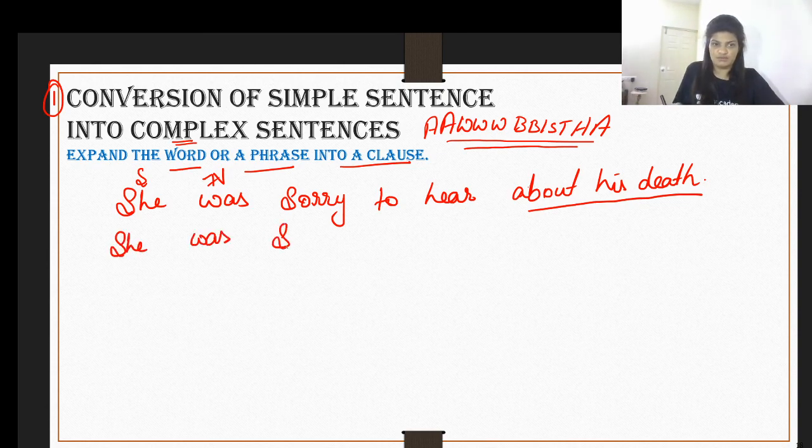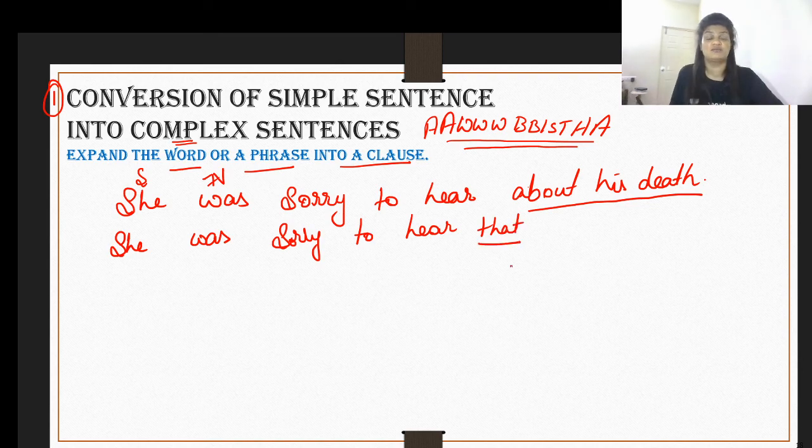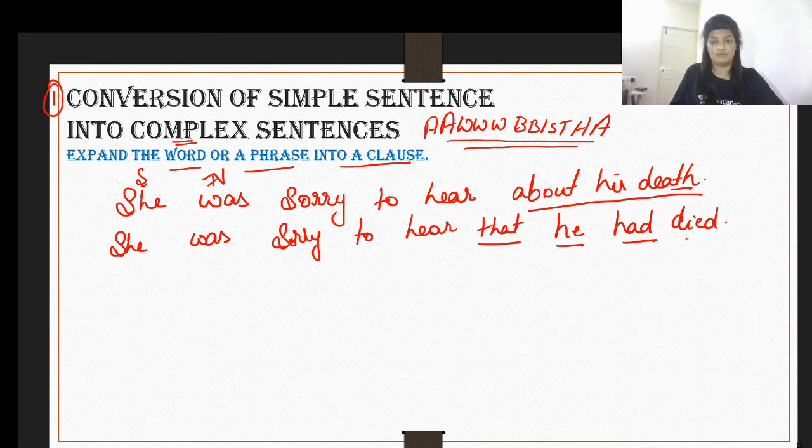She was sorry to hear that he had died. You bring in the subordinating conjunction that, and death becomes died. And there you have your subject and your finite verb and your complete statement, and thereby you get your dependent clause.